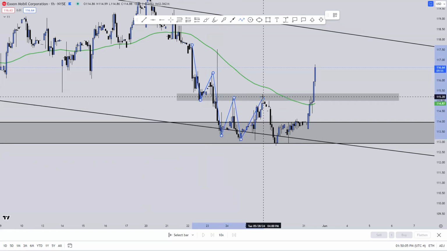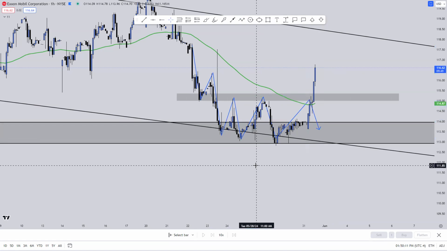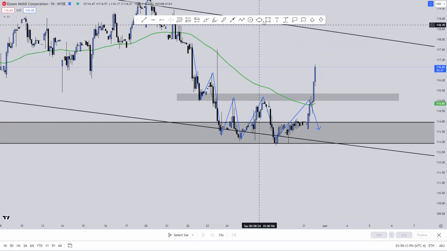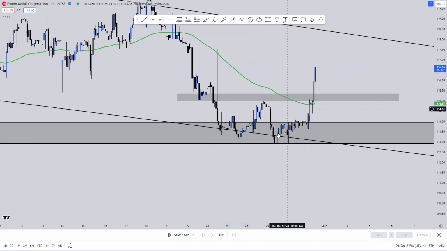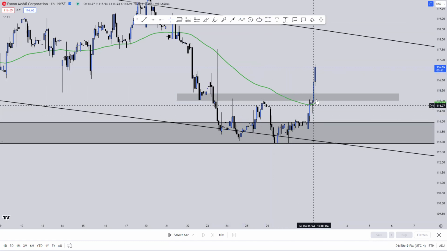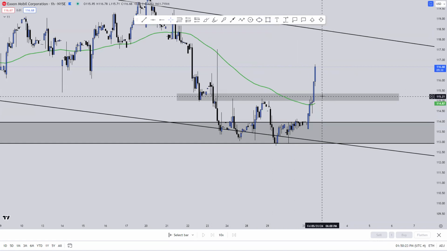So price was just trading between this support and resistance area, or you can say supply and demand. So the first exit could have been once price went back up into the supply area, that could have been the first exit, or that could be an area where you trim your position.